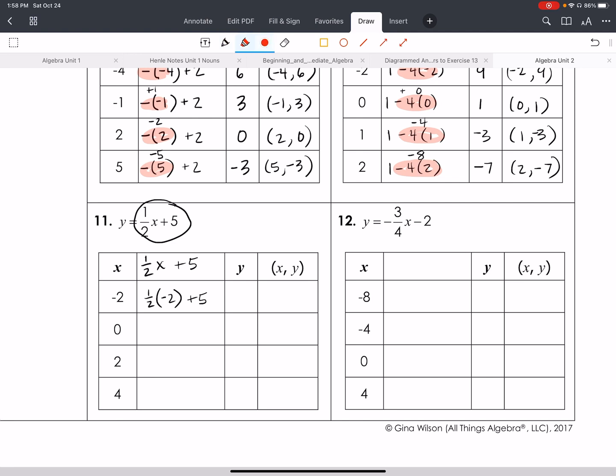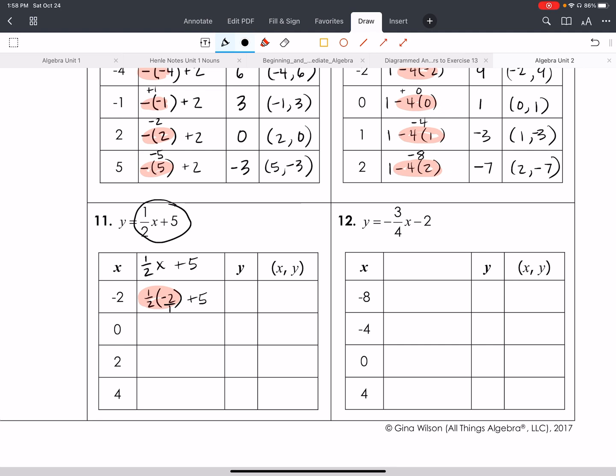So always multiply before you do addition or subtraction. That's your PEMDAS from last spring. So 1/2 times -2. Remember, the easiest way to do your multiplication of fractions is just to consider that really to be -2 over 1. Change it into a fraction. Multiply the tops, the numerators. Multiply the bottoms, the denominators.